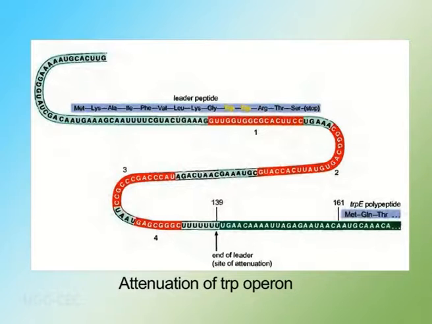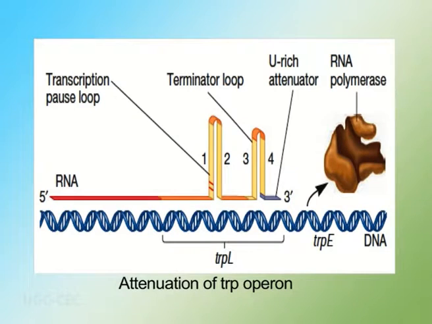It means whenever the leader sequence undergoes transcription and we get the corresponding mRNA from the leader region, it has the tendency to form stem loop structures. There are two possible ways of forming stem loop structures. One is between segment 1 and 2 and the second one is between 3 and 4.